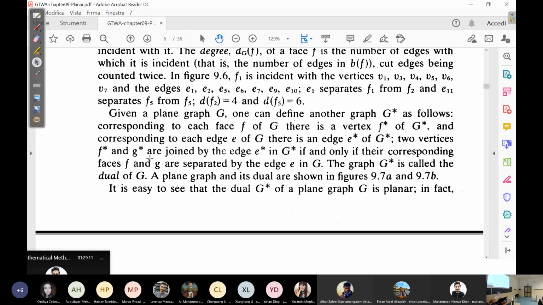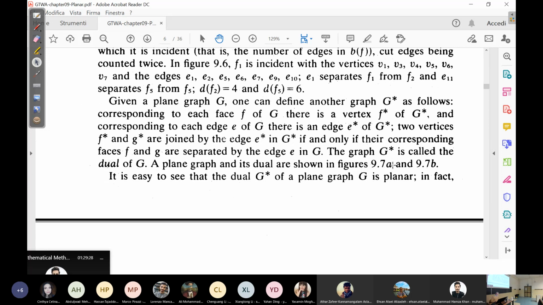Two vertices corresponding to two faces of the original plane graph, F star and G star, are joined by the edge e star if and only if the corresponding faces F and G are separated by edge e. The graph G star is called the dual of G.